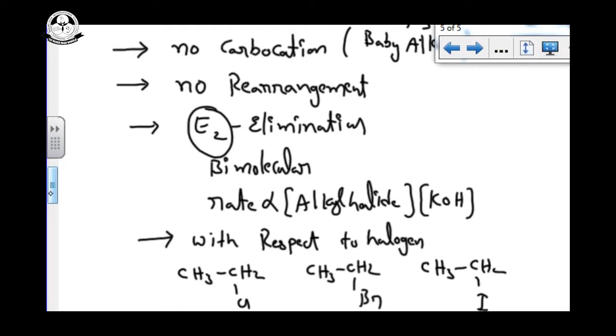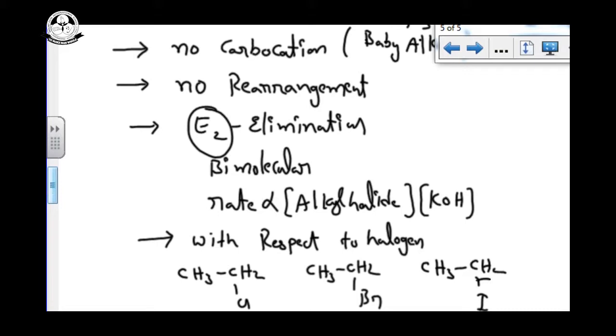With respect to halogen, how to decide which halogen can undergo the elimination reaction? That depends upon the leaving group capacity. Leaving group capacity means which group leaves easily.